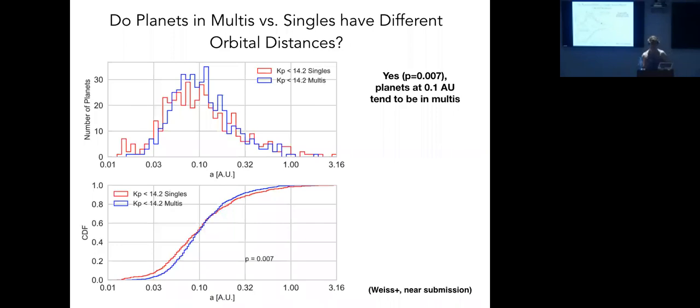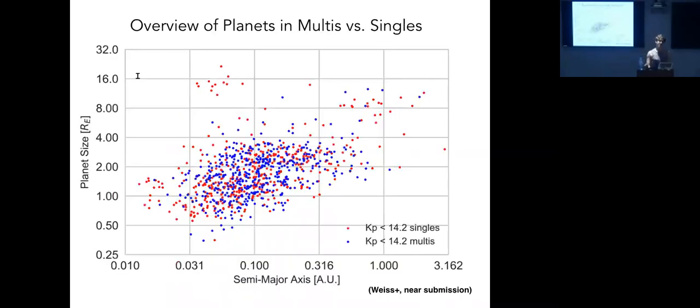So this is a little bit perplexing, but when we look at radius and semi-major axis together, these patterns make a little bit more sense. So we can see that for the most part, singles and multis are indeed occupying the same part of parameter space in the period radius diagram, but hot Jupiters are almost always single.